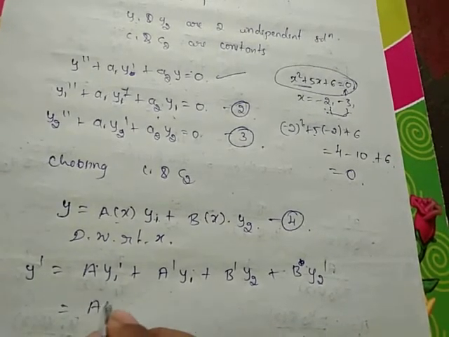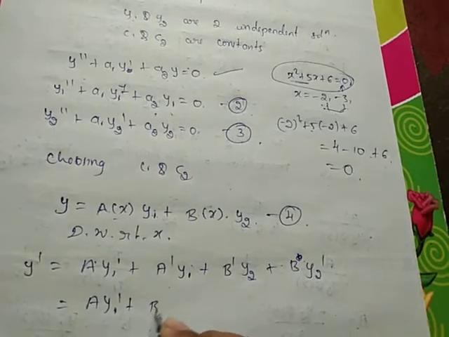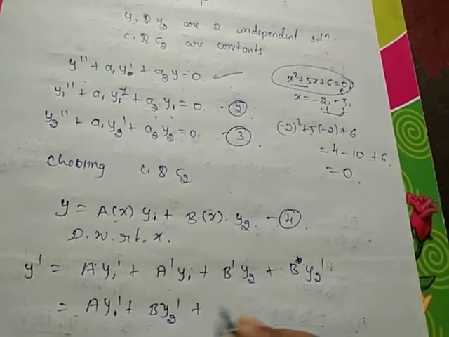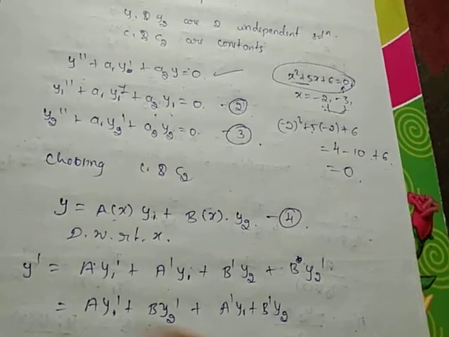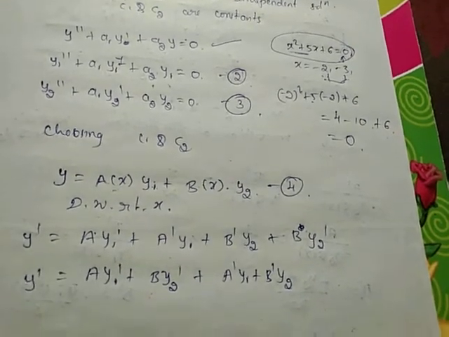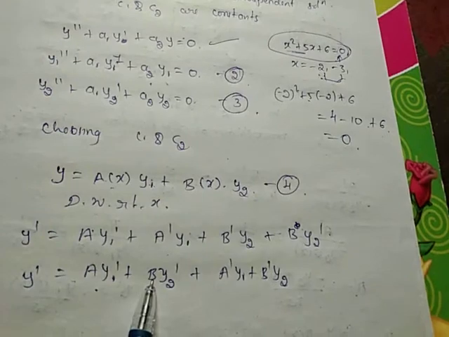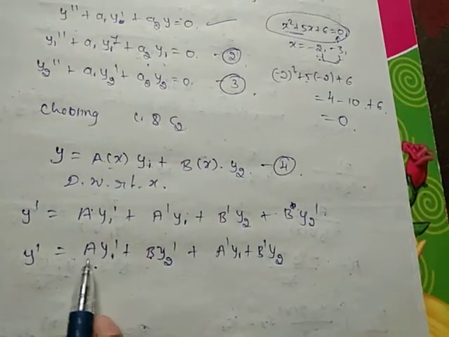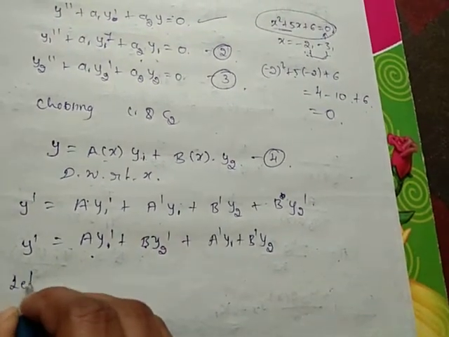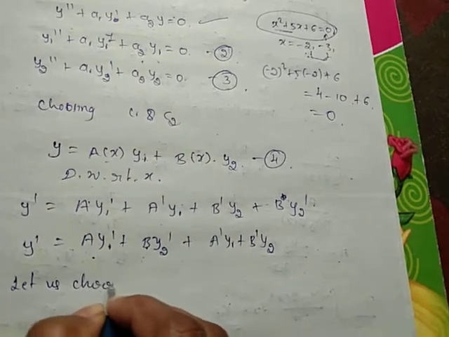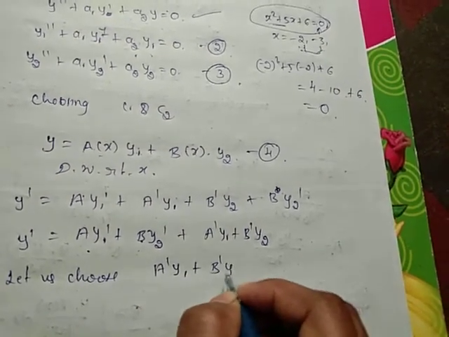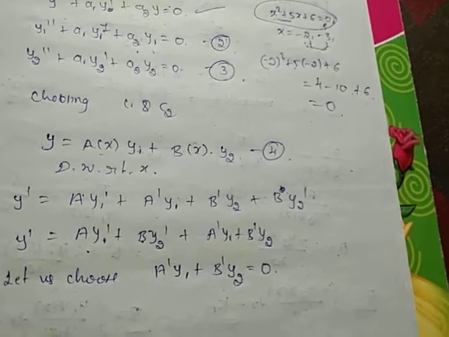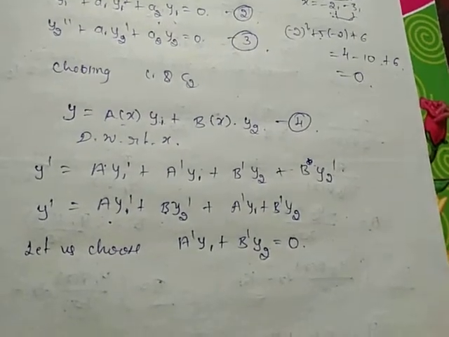Now I'm just rearranging: a into y1 dash, b into y2 dash, a dash y1 plus b dash y2. Here the procedure is to derive the values of a and b, so to derive these values, let us choose a dash y1 plus b dash y2 equals 0. Let us choose this value.